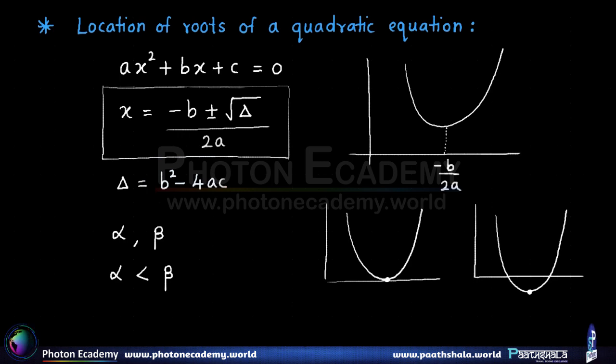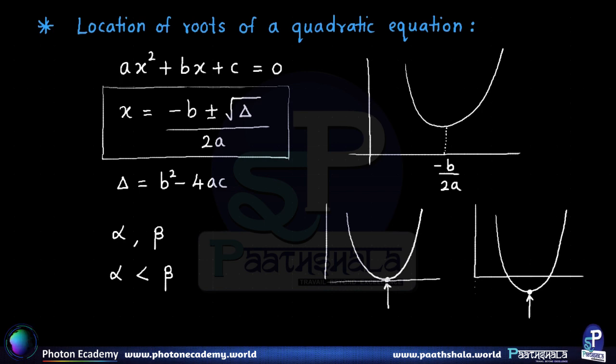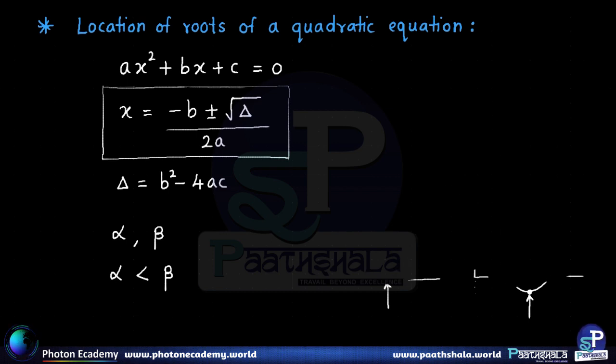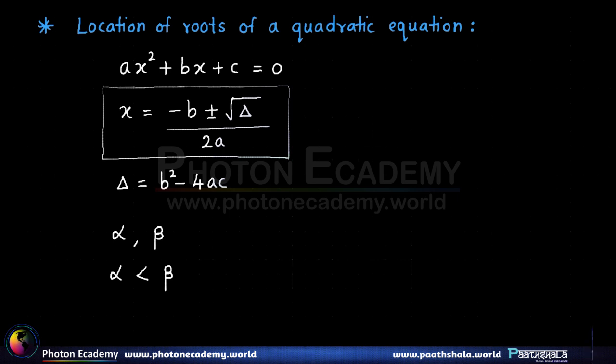So in all of these cases as shown here, we will see that the value of x where we get the minimum or maximum is nothing but minus b upon 2a. So this we have to keep in mind as we study the further various cases of locating the different roots of quadratic equation. So now let's move ahead and see the first case.